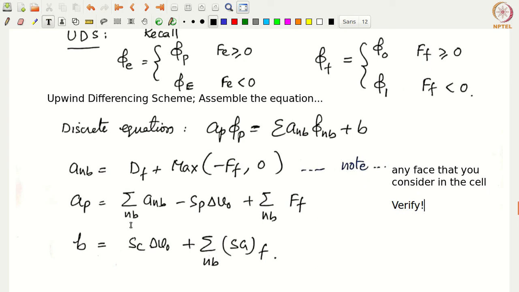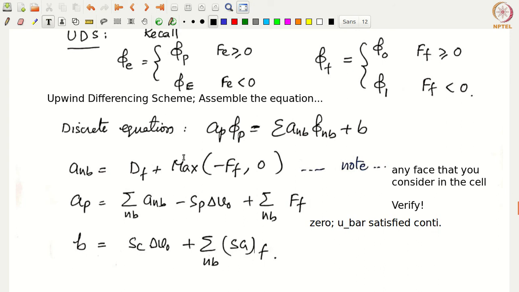And AP would have sigma anb as before minus SP times delta V naught plus all this contribution. Again, this term would be 0 if U bar satisfies the continuity equation. Now the b term as usual will have SC times delta V naught plus the secondary gradient contribution for each of the faces.